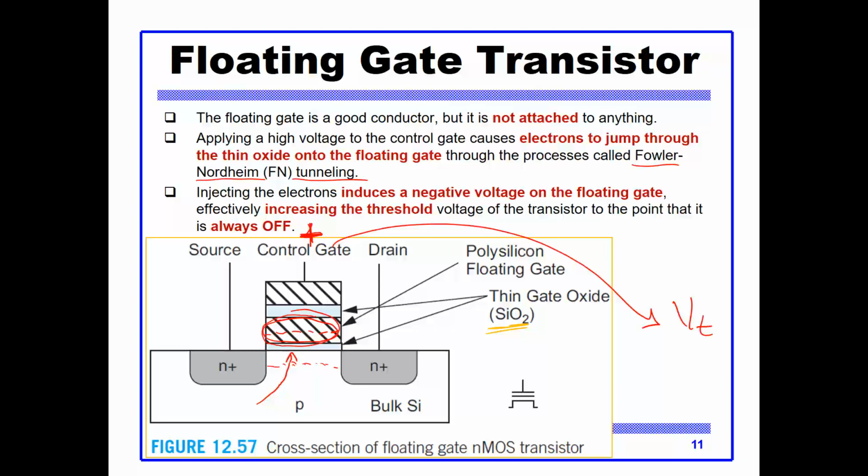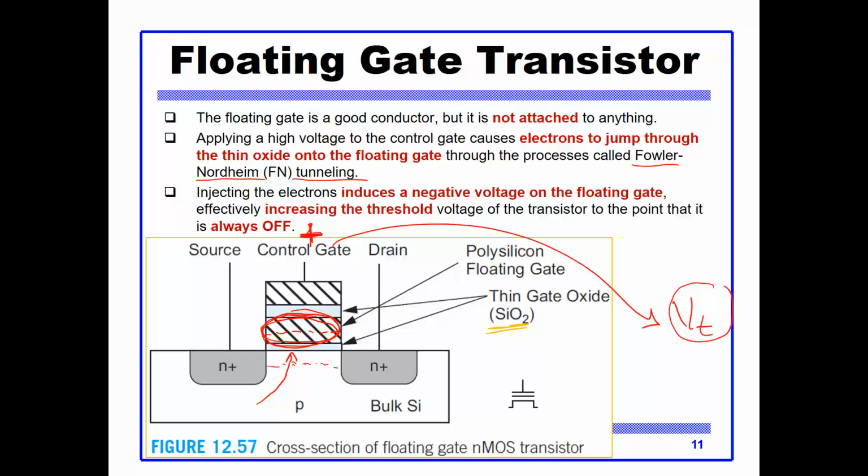So if I can control how many electrons are pulled into this floating gate, I can make this VT higher and higher. Now, if I make VT reach all the way to VDD, I have turned off this device completely, as explained in the previous slide when we said in the NOR structure, you make the transistor that you don't want with a VT greater than VDD. So this is one way of how you change it.